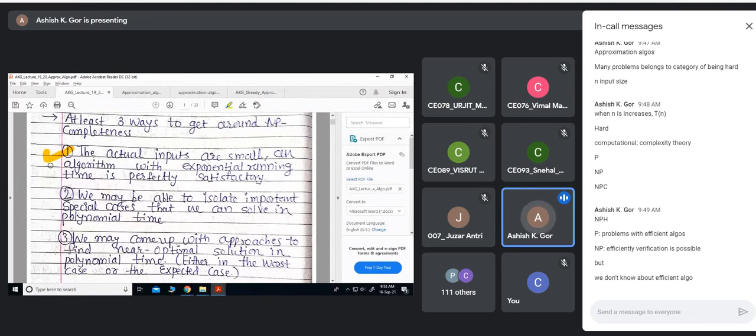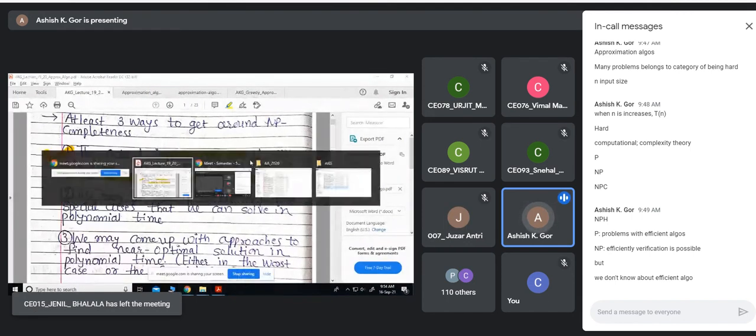Because if you make a program with a small graph of 10 vertices maximum and a few edges, you won't realize that it is actually difficult because it will run very fast on your CPU. Most of the time, when the inputs are small, an algorithm with exponential running time is also perfectly satisfactory. Let me give you an example of that.